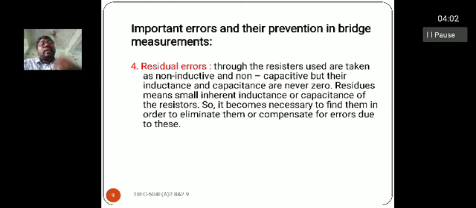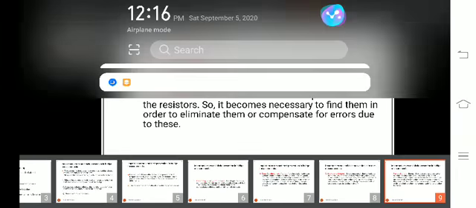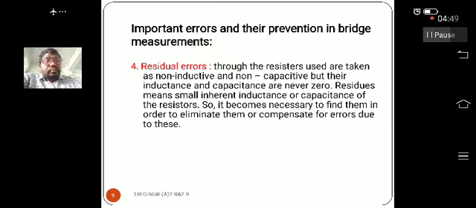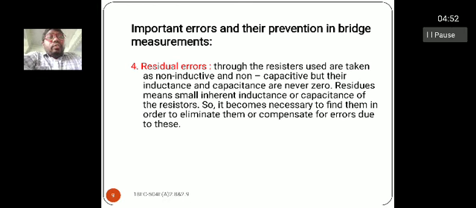And residual errors. Though the resistors used are taken as non-inductive and non-capacitive, their inductance and capacitance are never zero.